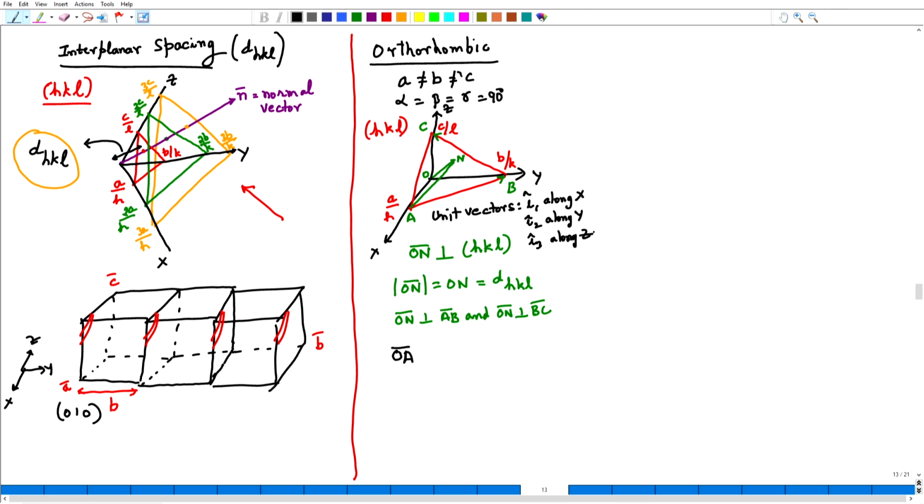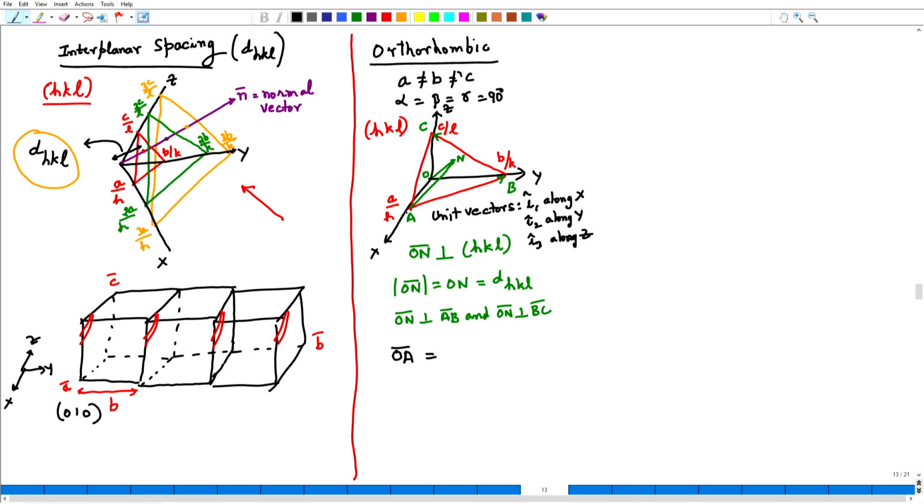Normally, it's general practice to use IJK, but I am not choosing those symbols because then it gets confused with the symbols in the plane with the indices HKL. So, what is the vector OA now in terms of the HKL indices?